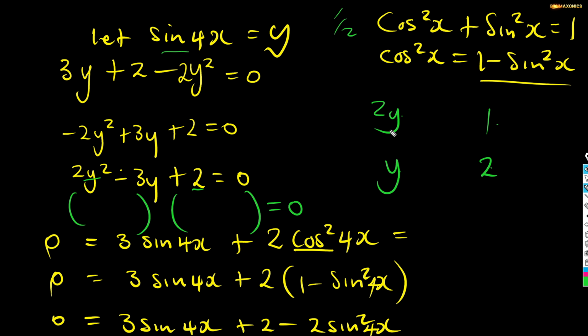And then now we know that we have to cross multiply, right? So the cross multiplication of this and this will give us 4, and then this and this will give us 4, this and this will give us a 1.